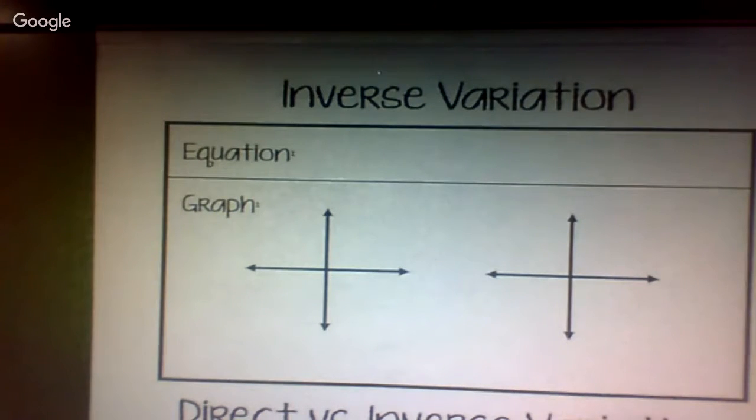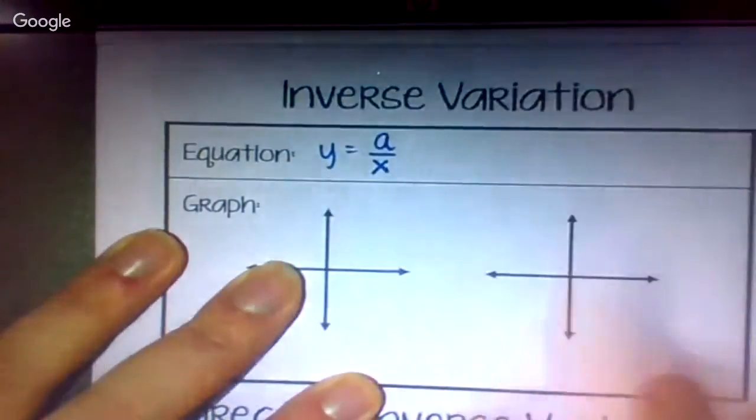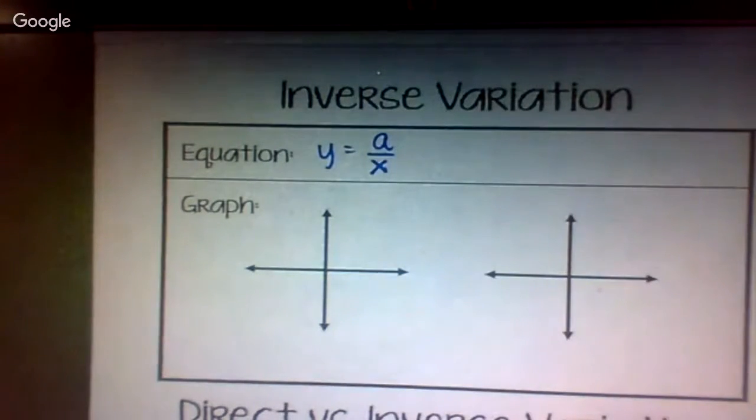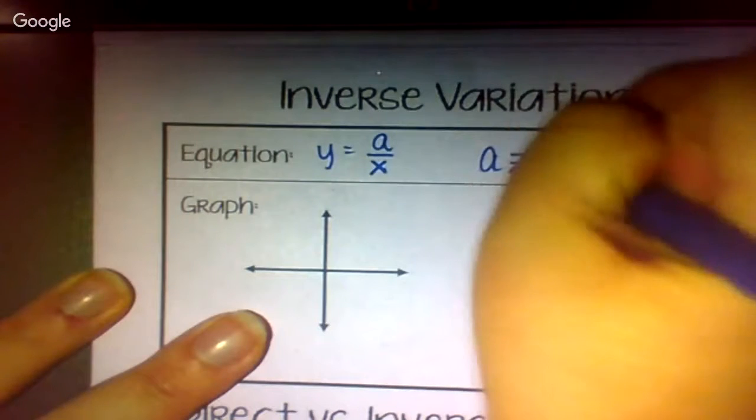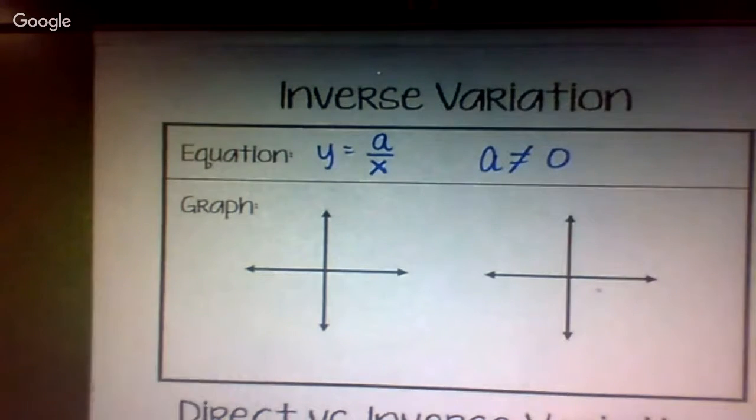Okay, so we have y equals a divided by x if it's inverse variation. And again, your a value cannot equal 0. It has to either be a positive number, it could be a decimal, it could be a negative number, but it just cannot equal 0.